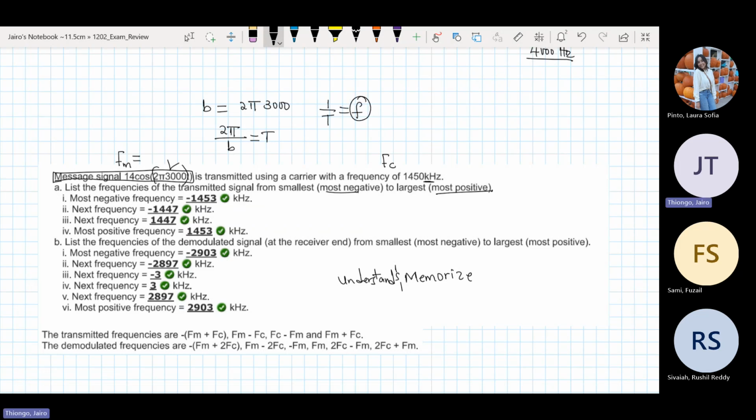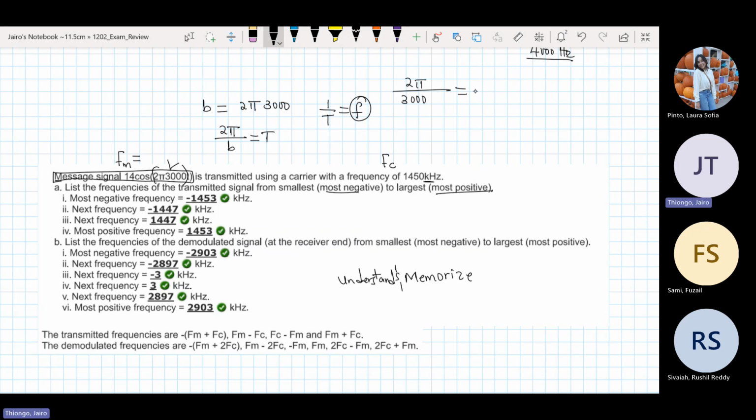So this is what we need. If we take 2 pi over this, 2 pi over 3000 is equal to the time.